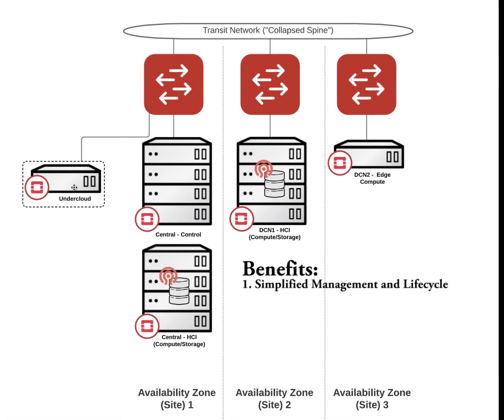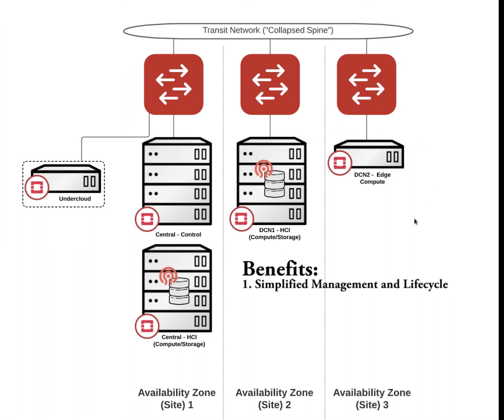The undercloud in this case is our installer and lifecycle tool that first deploys this availability zone 1, between a centralized control plane and centralized storage/compute, so hyperconverged infrastructure. And then in the next step, it deploys this distributed compute node or cluster of nodes in one of my sites.